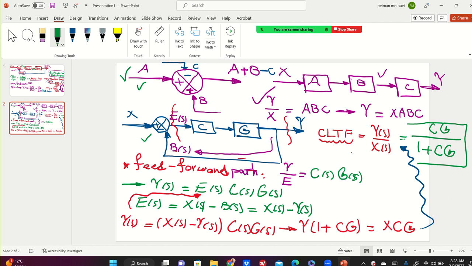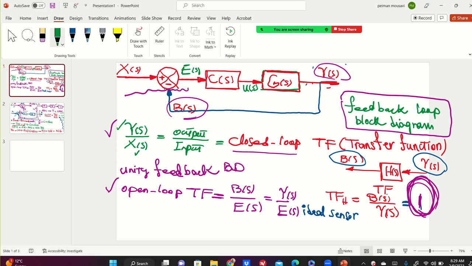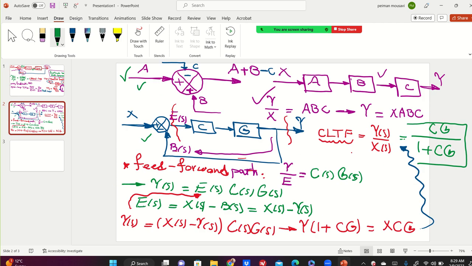So having said that, can I go to the next page? Guys, can I? Yes? Good. So we got this. Now the open loop transfer function is B over E or Y over E. Okay, we got it, Y over E. So the open loop transfer function of a unity feedback is CG.